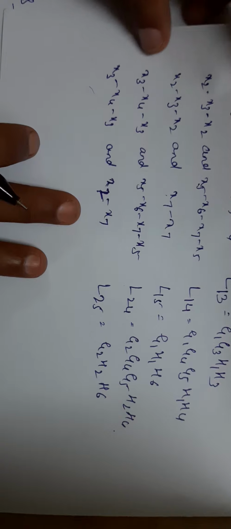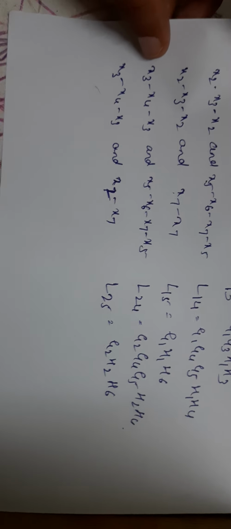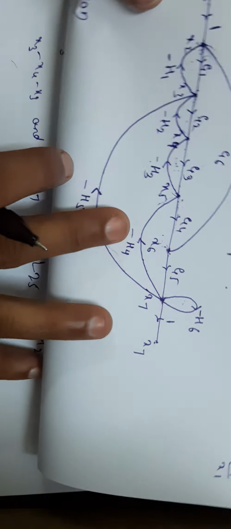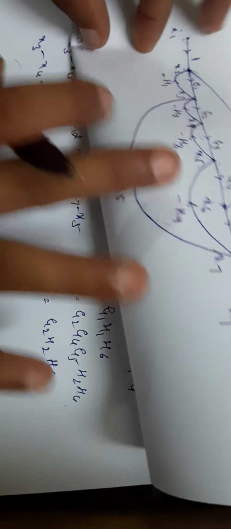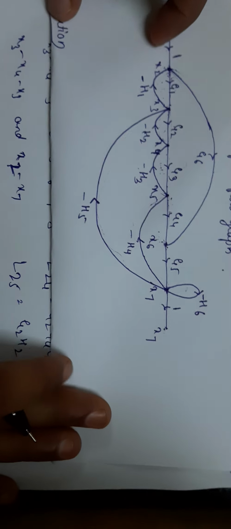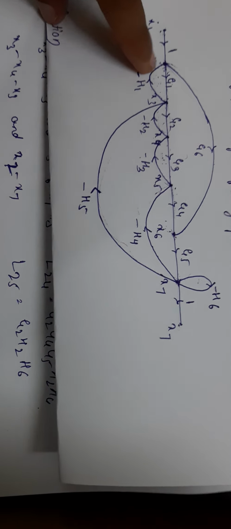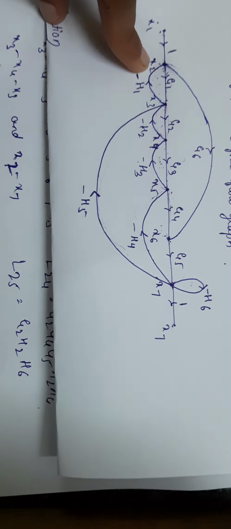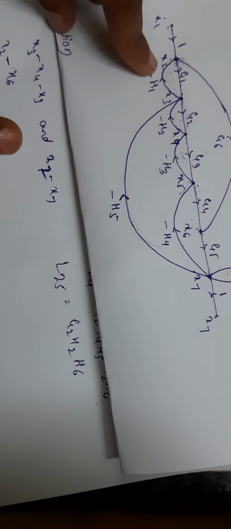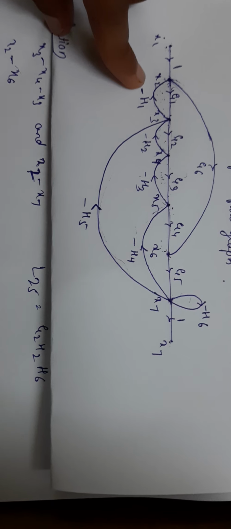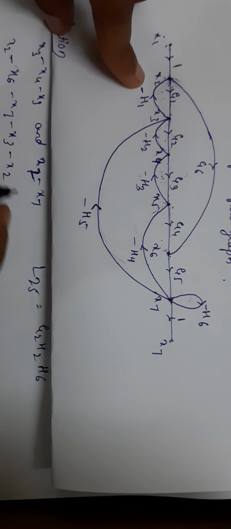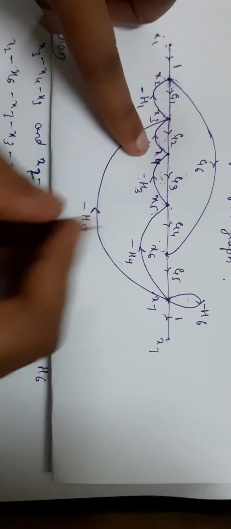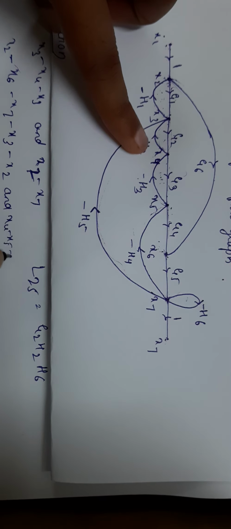The next two non-touching loops are this one, X2 to X6, X6 to X7, X7 to X3, X3 to X2, and X4 to X5, X5 to X4.